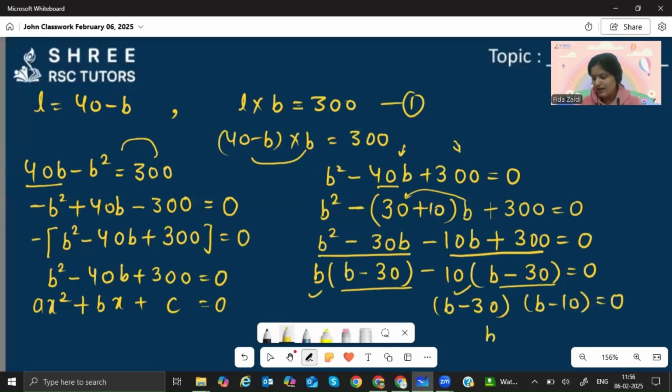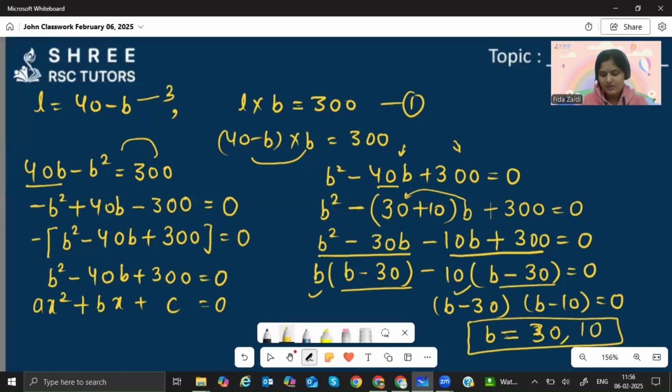Now you have two values of the B. B is equals to 30 and B is equals to 10. You have the value of the B, means breadth of this rectangular field. So put this value into the third equation. L is equals to 40 minus B, and you can easily get the value of L. So let's move ahead.